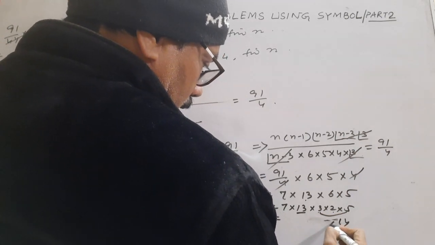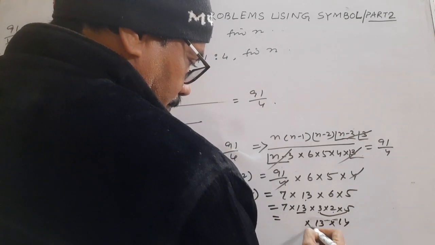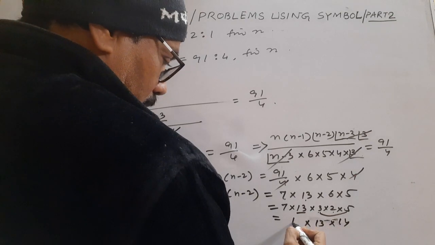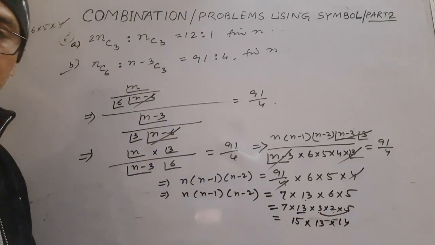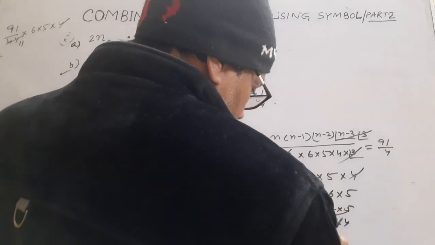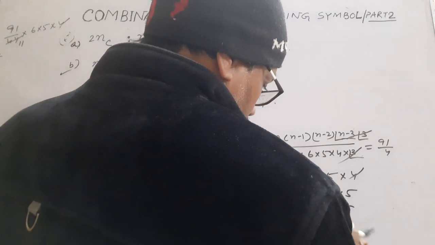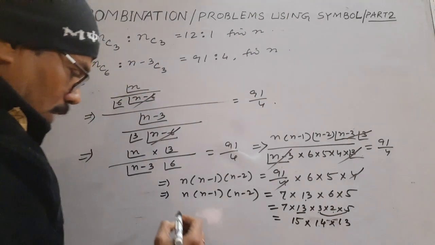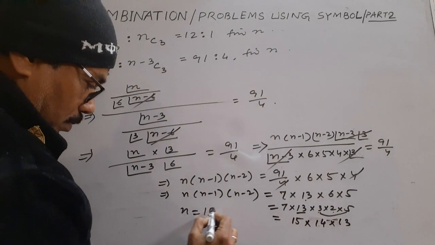So 14, then 13, and 5 into 3 is 15. So the product is of 3 consecutive integers, 15 into 14 into 13. So what is n? n equals 15.